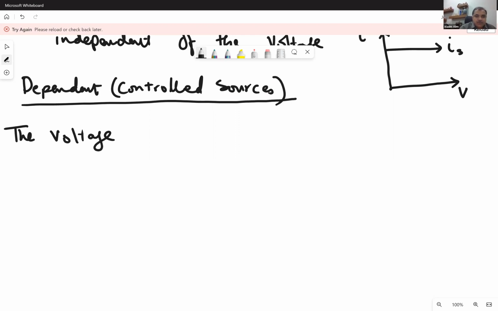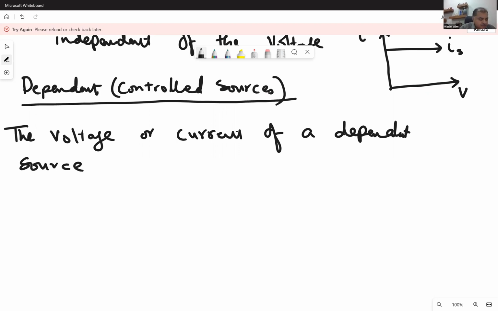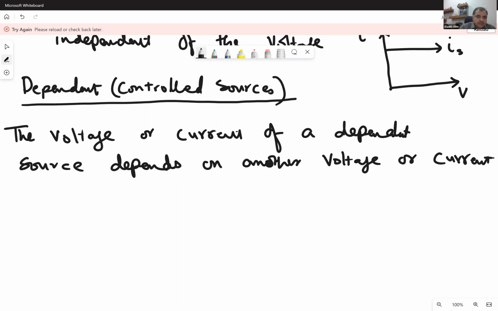So let me just write the description and we'll talk about it. The voltage or current, and it is represented by this diamond shape.